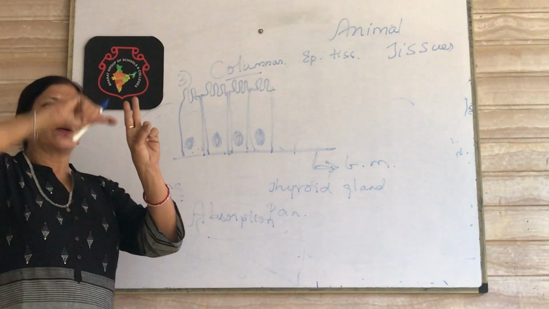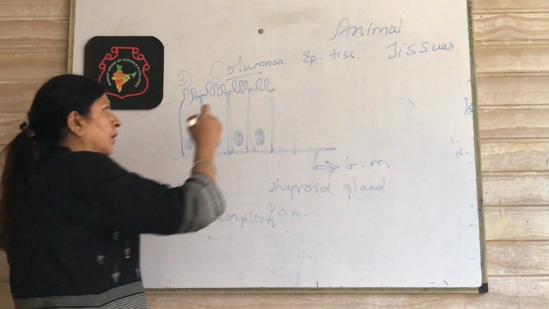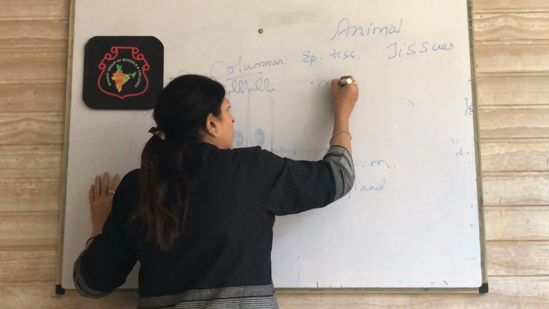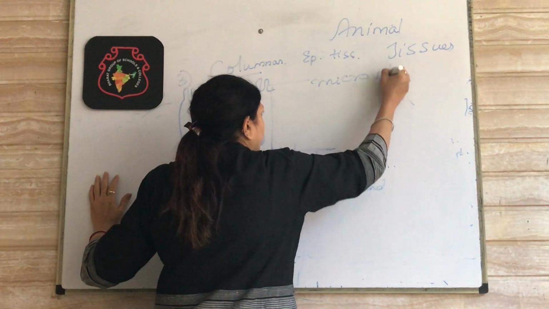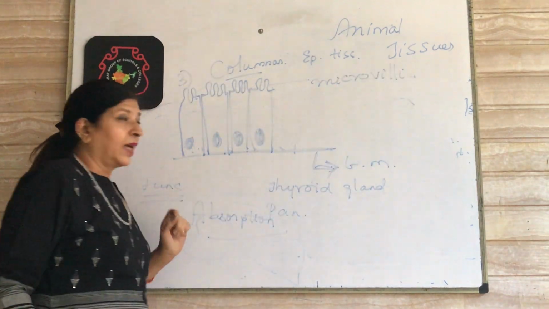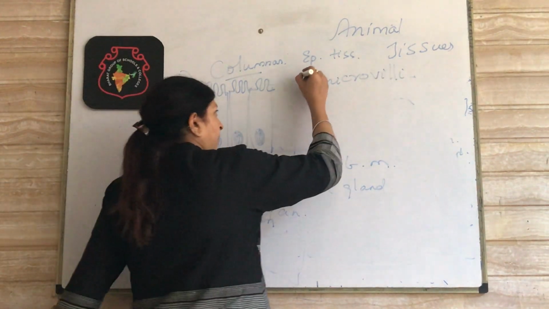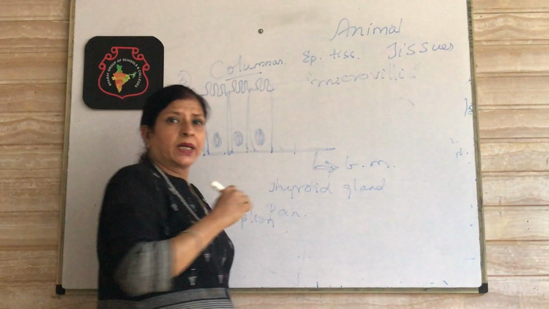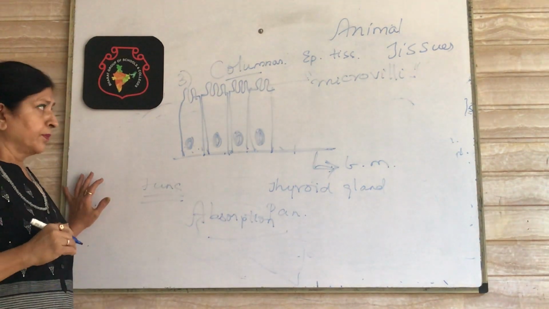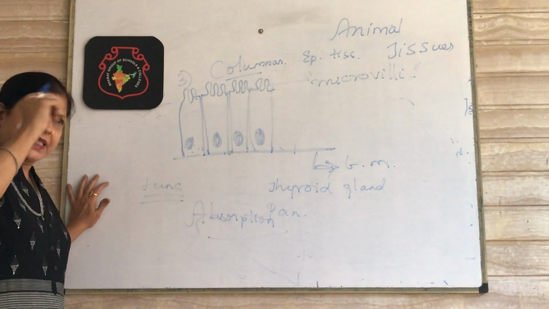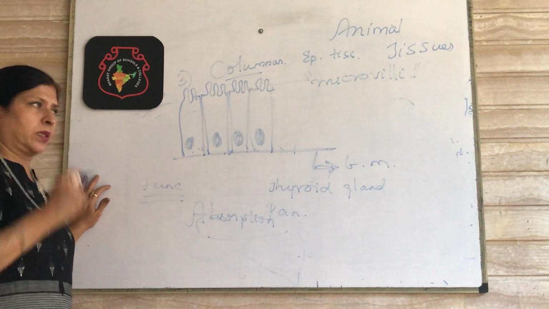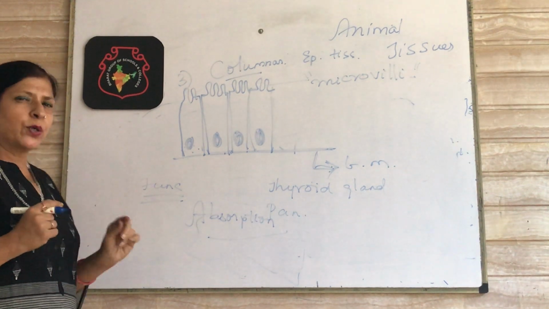Can you see the finger-like outgrowth? We call this finger-like outgrowth microvilli. Villi itself means finger-like processes. Micro means small.